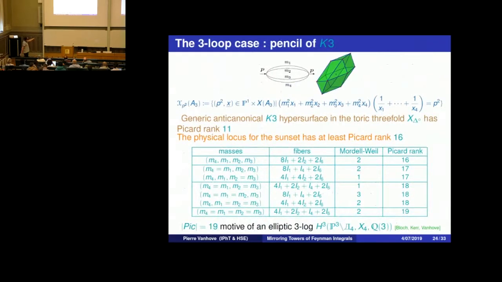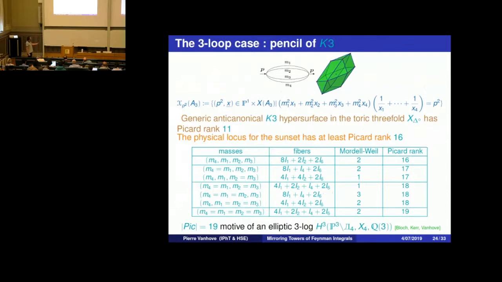Depending on how your parameters are identified with respect to the ones involved in the fibrations, you see that even the Mordell-Weil rank is jumping. So there's an interesting jump in the Mordell-Weil rank. In a sense, we have total control of everything you want to know about these K3 surfaces.